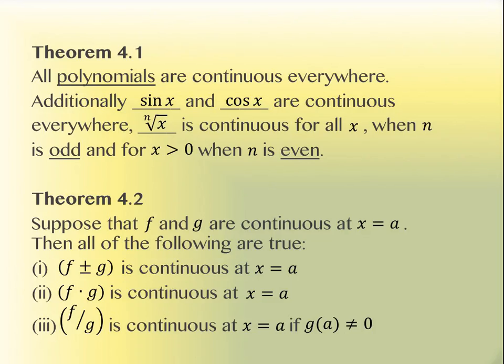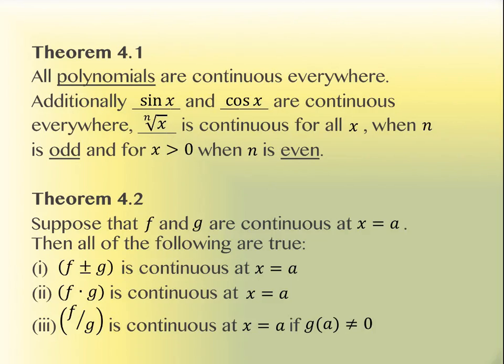And then there's this additional nth root business. And it's continuous everywhere as well, as long as you look at some conditions about what's going on. So we talked about this nth root last time when we were looking at where these continuities would happen, but we were looking at it from a limit perspective instead of a continuity perspective. When n is odd, this would mean you have an odd root, like a cube root, a fifth root.